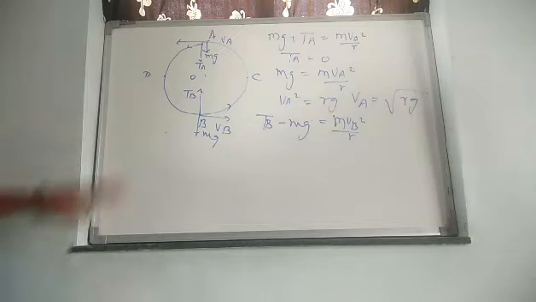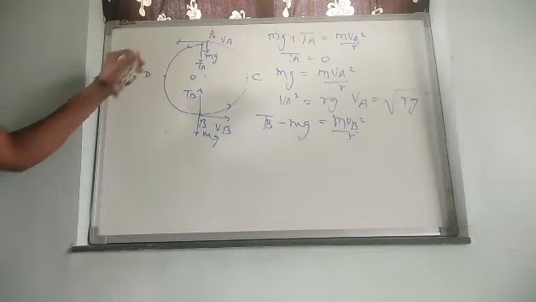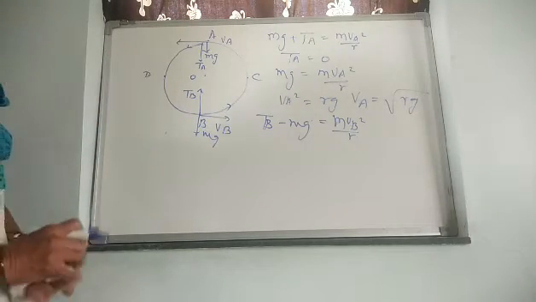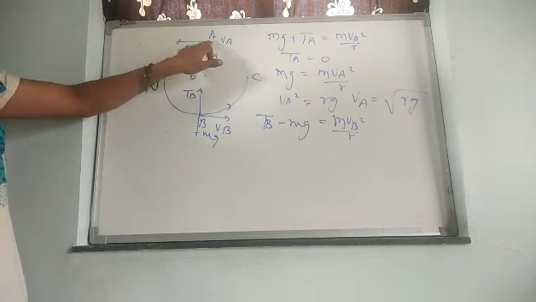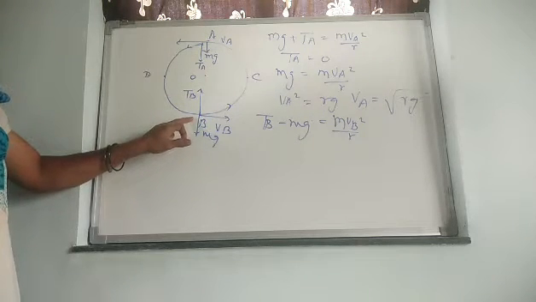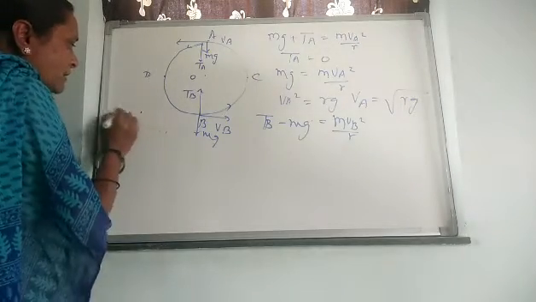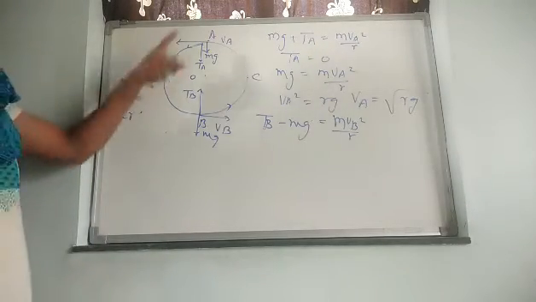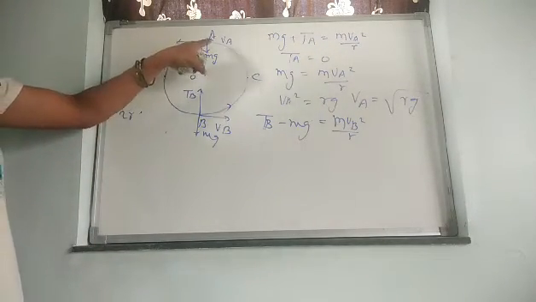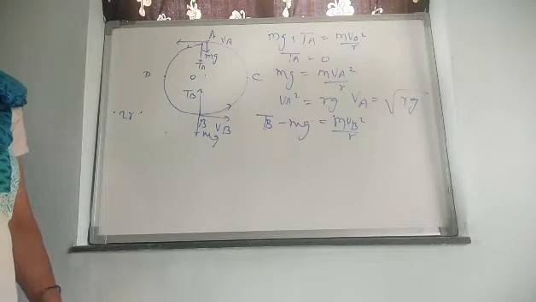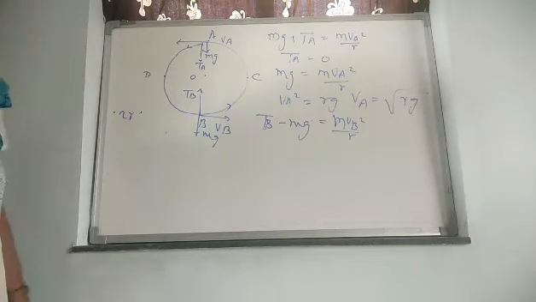Before that, while coming down from the uppermost point A to the lowermost point B, the resultant displacement is equal to 2r. At that time, the decrease in gravitational potential energy is used to increase the kinetic energy.